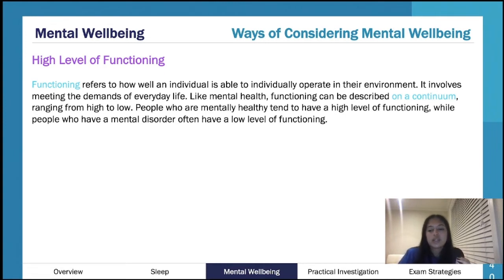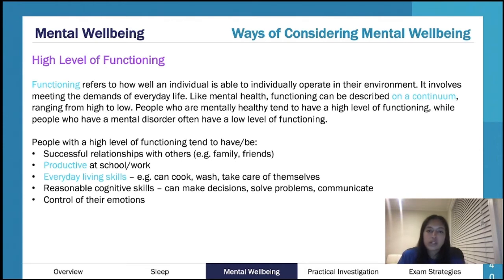So some of these things that we think about: you're productive at school, you're productive at work, your relationships with your family and friends, it doesn't have to be going well, but this idea that you can form them well. You've got your everyday living skills, as in independently taking care of yourself. Reasonable cognitive skills, in that you can make reasonable decisions and judgments, and reasonable emotional control.